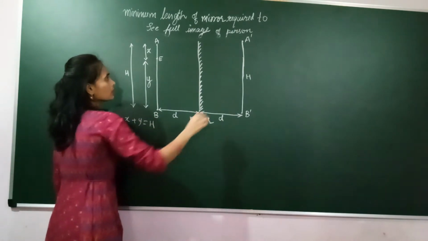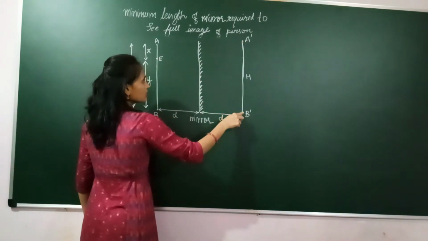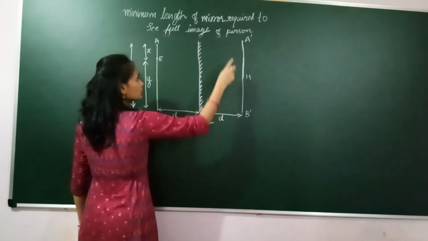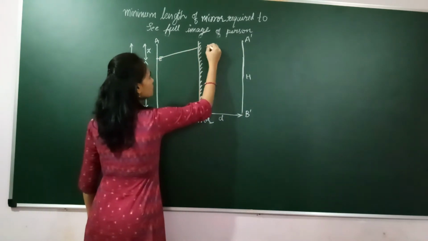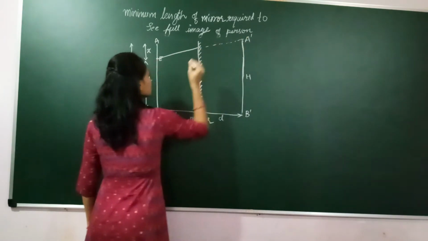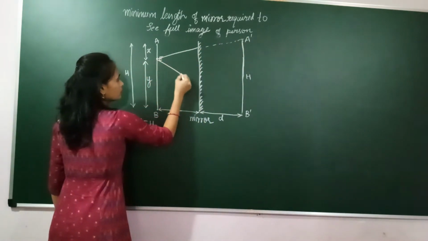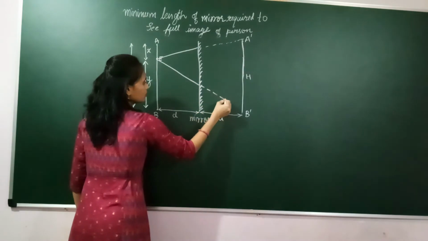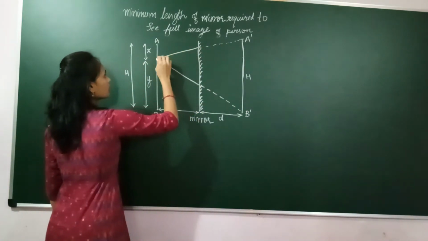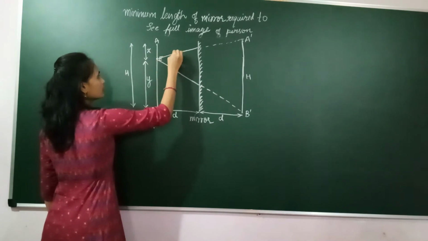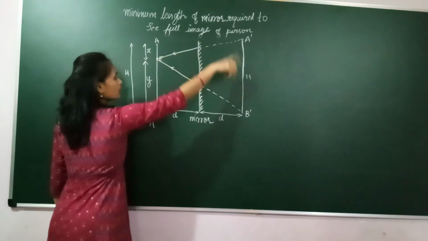For that, if we are observing this image A dash B dash, the two rays must be entering our eye. So these rays are coming and entering our eyes, and only then can we see this image.